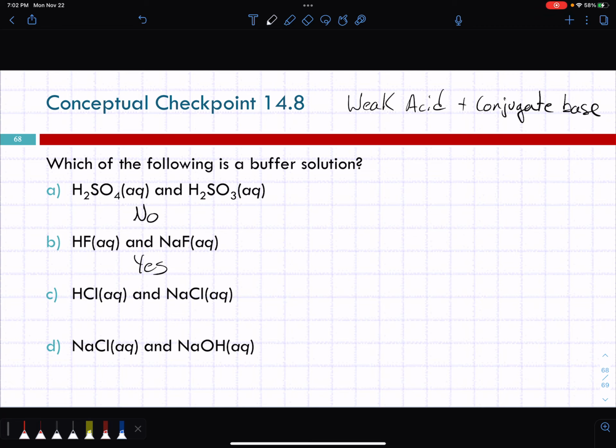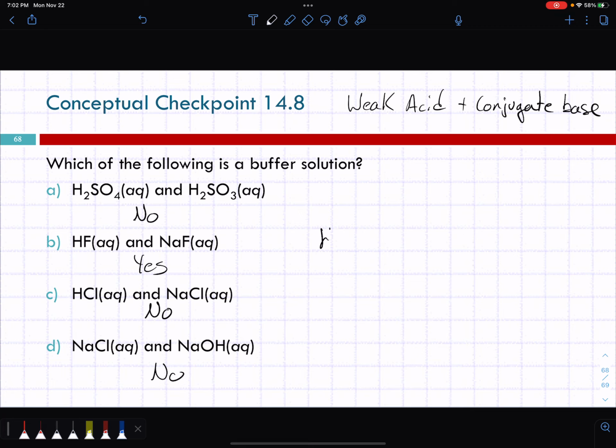Hydrochloric acid and sodium chloride? No, because we have a strong acid, even though we do have the conjugate base. So it's only for weak acids, and only when they have their conjugate base. This last one, sodium chloride and sodium hydroxide, we don't even have an acid, so this is not a buffer system.